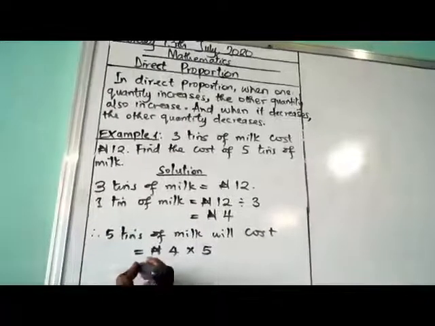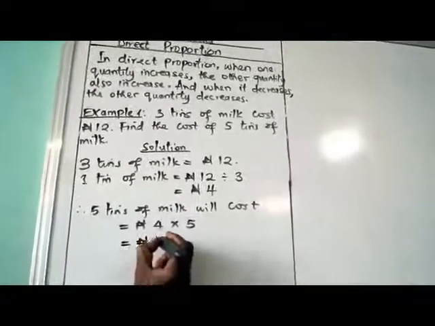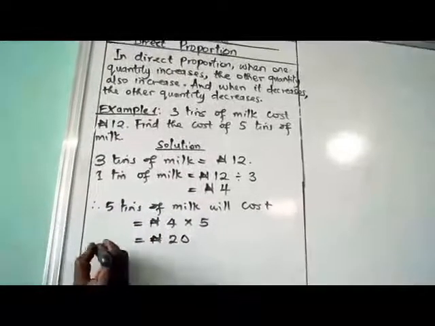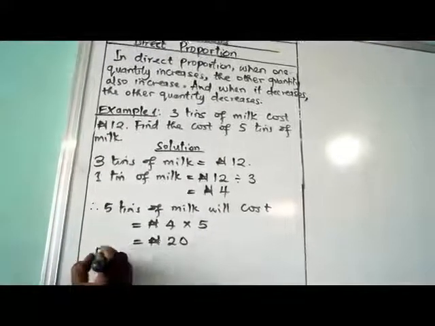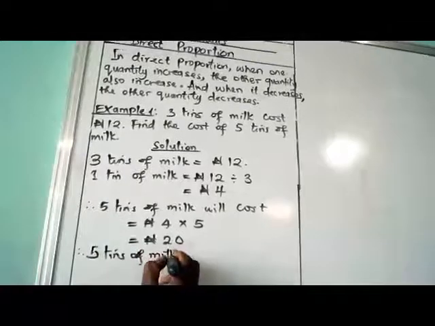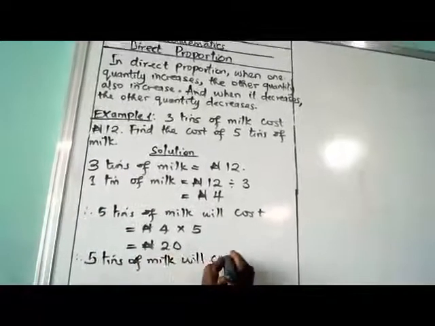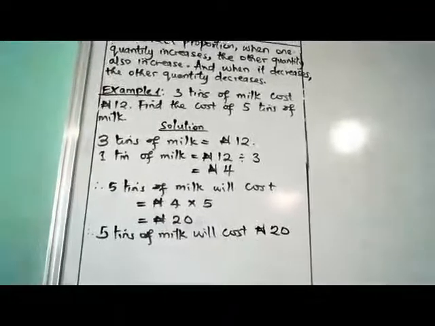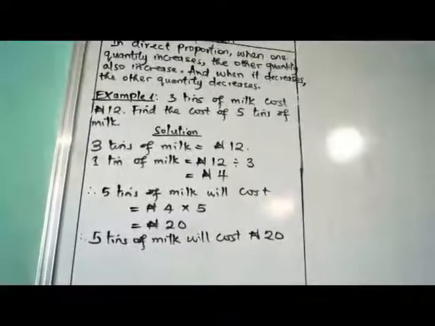What is 4 multiplied by 5? Good. We have 20. So we can conclude that 5 tins of milk will cost 20 naira.